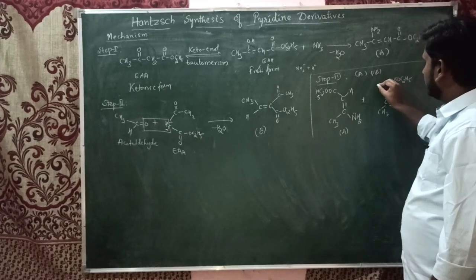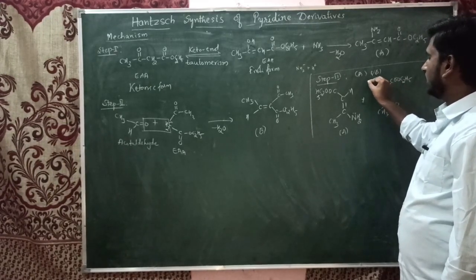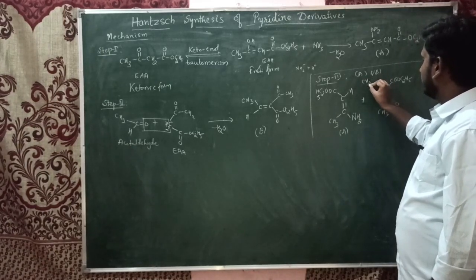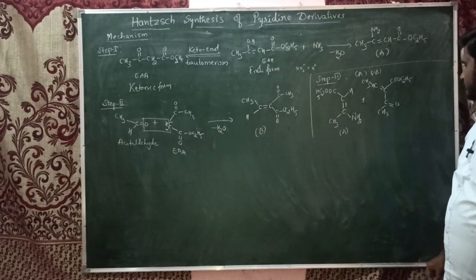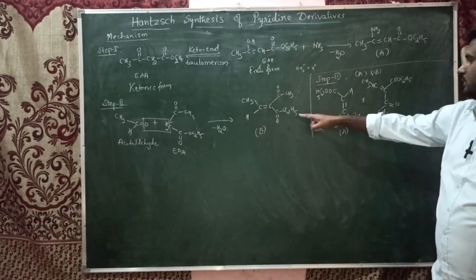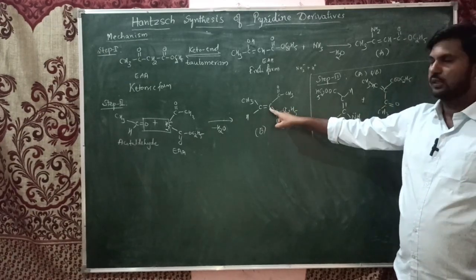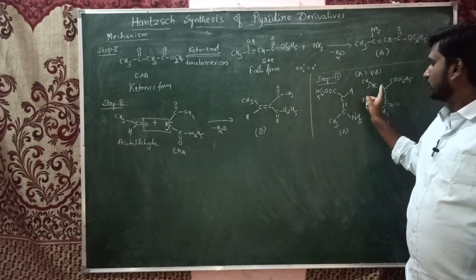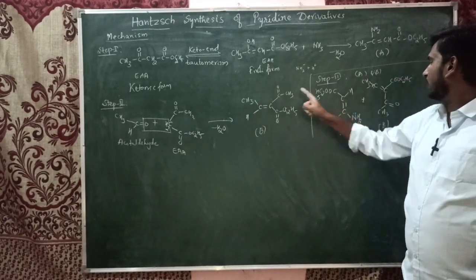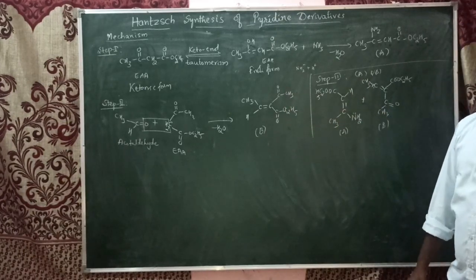So the double bond carbon has a hydrogen and is linked with CH3. Okay, this is B: the COOC2H5 ester group linked to a carbon with a double bond to CH3, and below it COCH3.